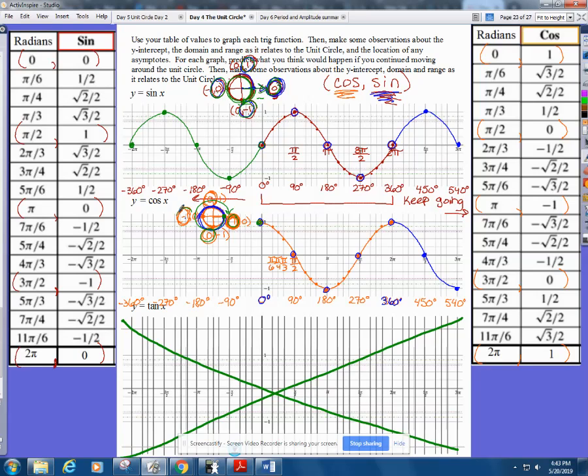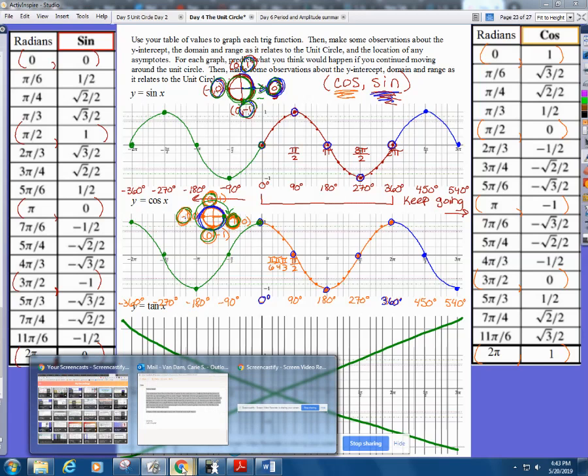Then 0, -1, then back to 0, and then back to +1. So the curve would then look like this. I'm going to give you a visual for what is actually happening here that might help you a little bit.